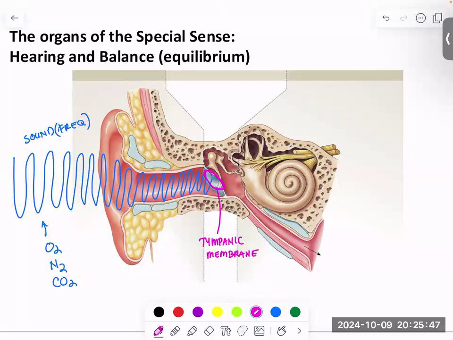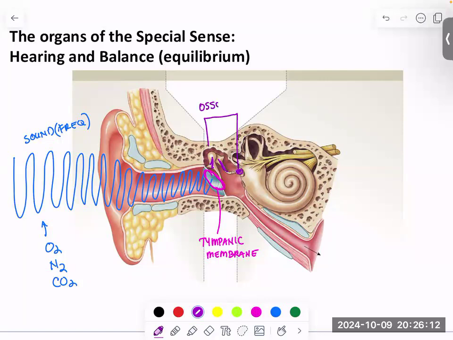So that vibrates at the same frequency as the sound vibrates. Okay? So the frequency of the sound will determine how the tympanic membrane vibrates. Then that's going to vibrate these. These are the smallest bones in the body. There are 3 of them.